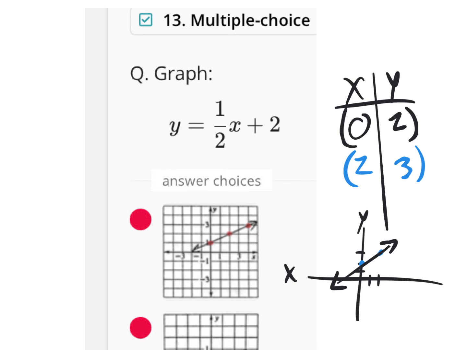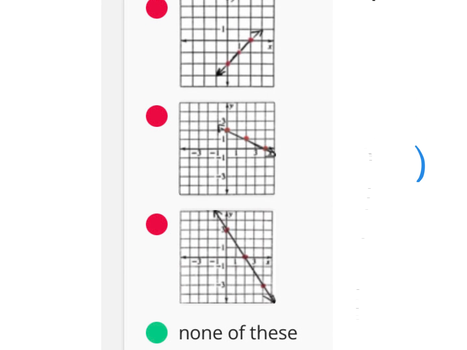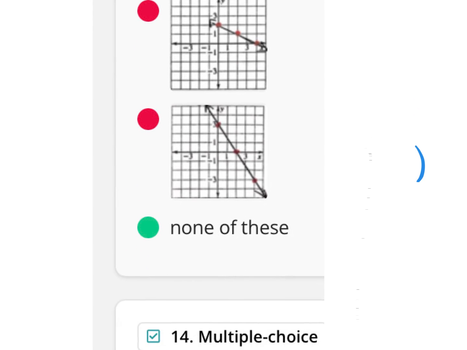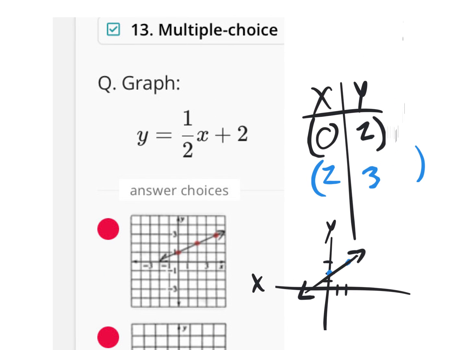That one doesn't cross at 2. That one doesn't cross at 2 right there. This one crosses at 2, but it's going down instead of up. So that's not it. And that one's also not it. So none of these is the correct answer to this one. This is what it should look like, and obviously none of those look like that.